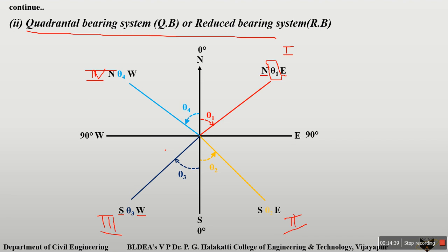After that, the next important topic is converting the bearings from one system to another, that is, whole circle bearing to quadrantal bearing, or quadrantal bearing to whole circle bearing. This is very important for solving problems.